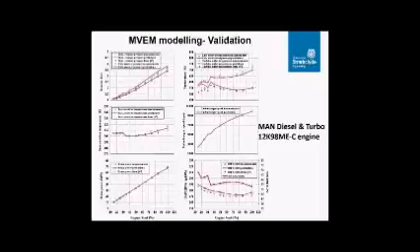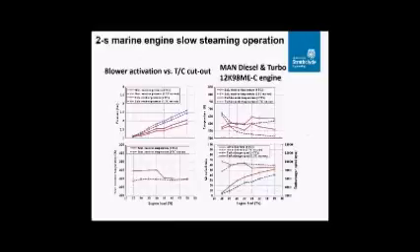In the next slide, it's the same case study, the same two-stroke marine engine, but after the previous validation of the model, here the engine is tested at slow steaming operation. So instead of the blowers activation, which are used on low loads for the charge air supply, as an alternative, we model the cutout of one turbocharger unit.